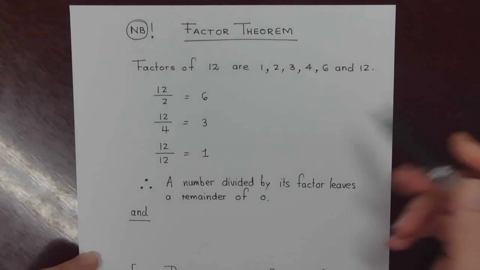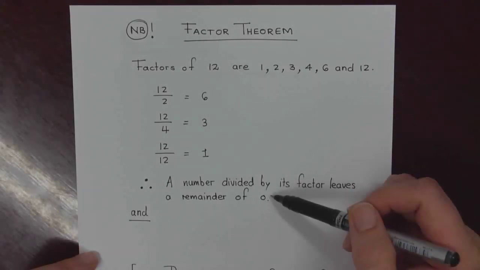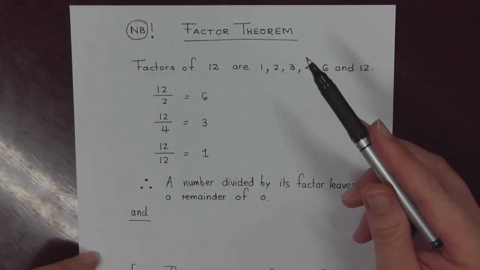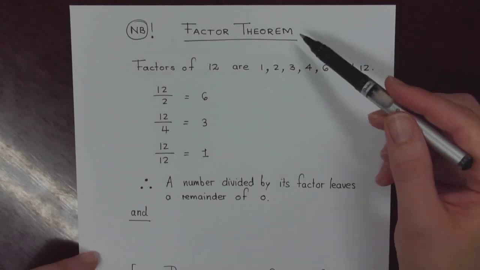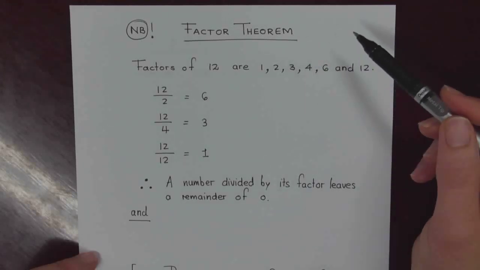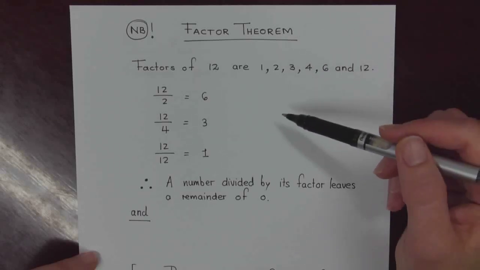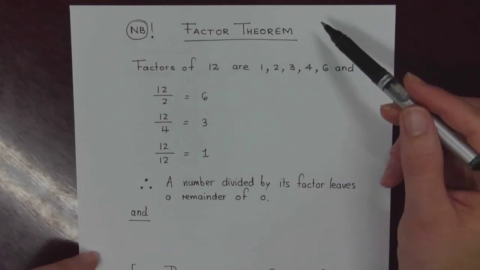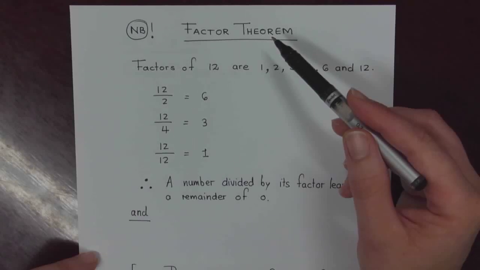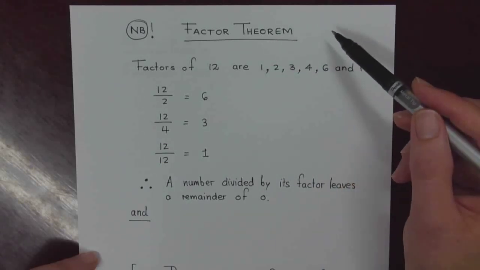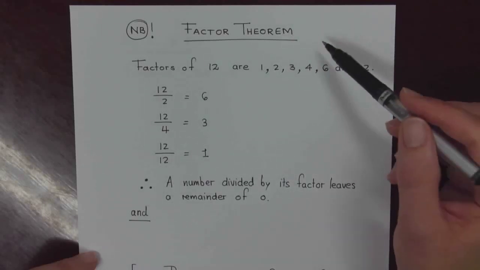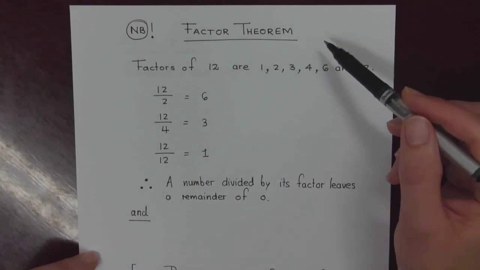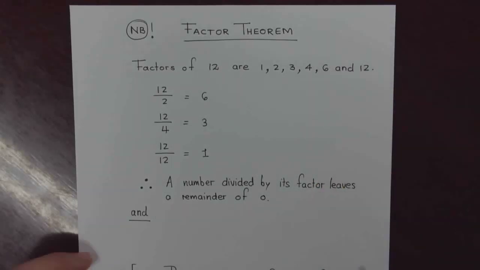And hopefully you will then understand how this connects to the remainder theorem. Because the remainder theorem said if I want to calculate the remainder, when I divide a divisor into a polynomial, I then just do a substitution. But the factor theorem says if I go and I divide a divisor into a polynomial and the remainder is 0, then that divisor has got to be a factor. So let's write that down.